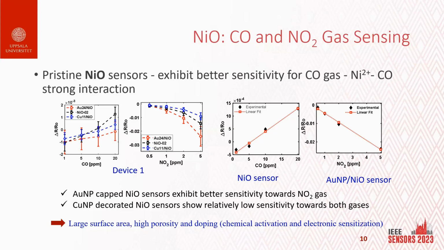But nickel oxide is a very catalytic surface for carbon monoxide, so we have better sensitivity than the nanoparticle decorated nickel oxides. Sometimes the pristine oxides have much better sensitivity than the nanoparticle decorated ones. With the NO2 gas, the gold nanoparticle decorated one has better sensitivity than the nickel oxide ones.